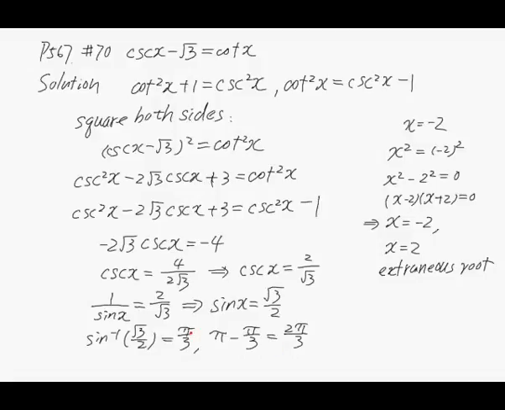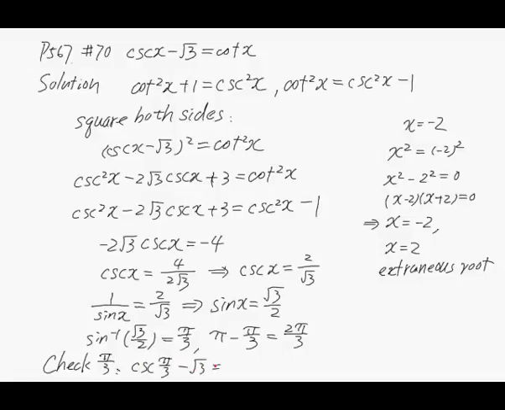Let's plug pi over 3 into the left side. So plugging this pi over 3 into the left side, we have the cosecant of pi over 3 minus the root of 3.